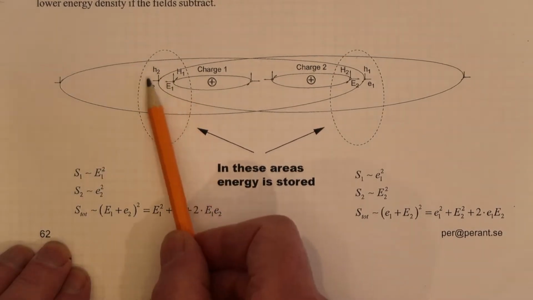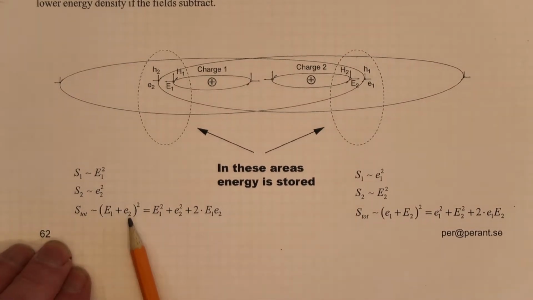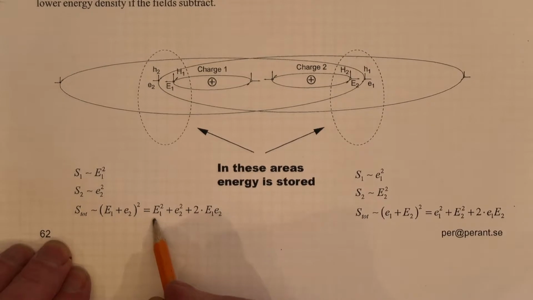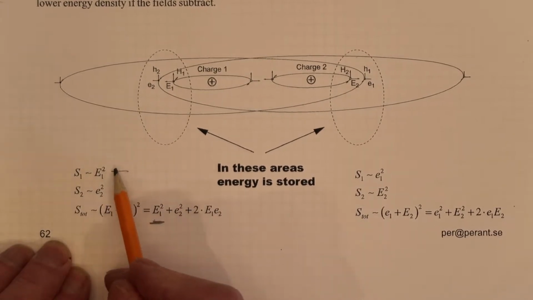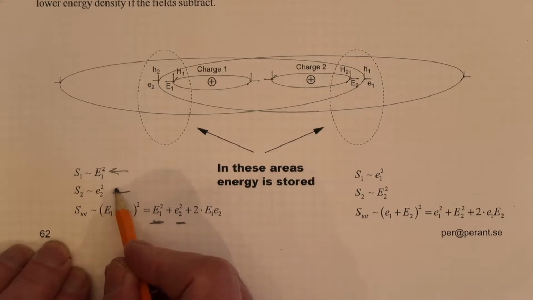But the sum radiation here is proportional to the sum of the fields in square. And this equals the electric field from one radiation squared plus the other from the other.